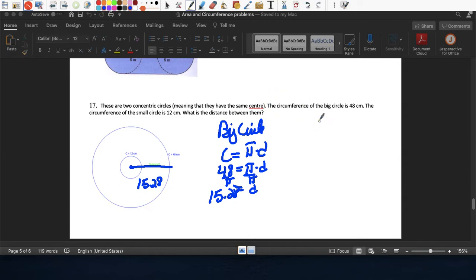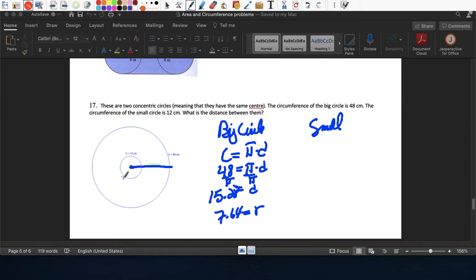Okay, and then the small circle, let's find the, take that back. The diameter is 15.28, which means the radius, sorry about that, is 7.64.